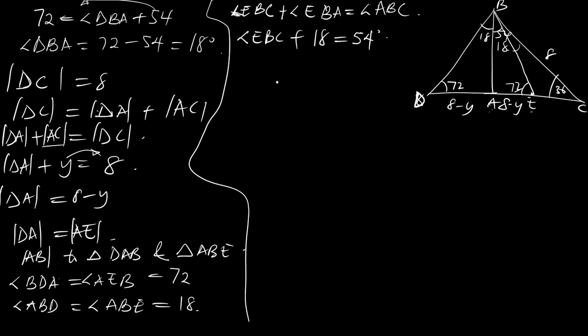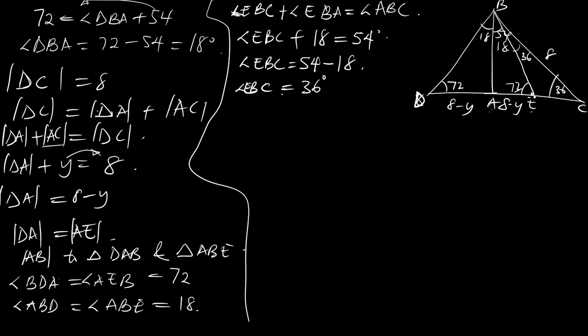Now, since it's 54 degrees, that means angle EBC is equal to 54 minus 18. This will give us what? 36 degrees. EBC. So that means here is 36.